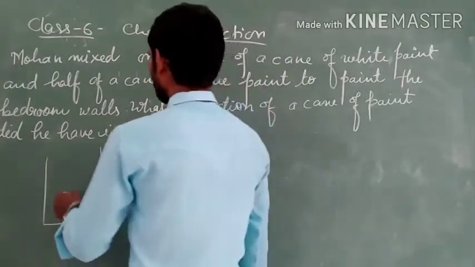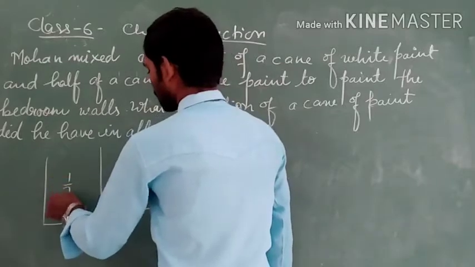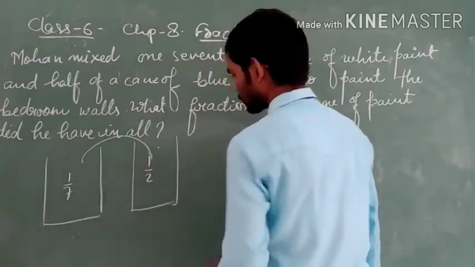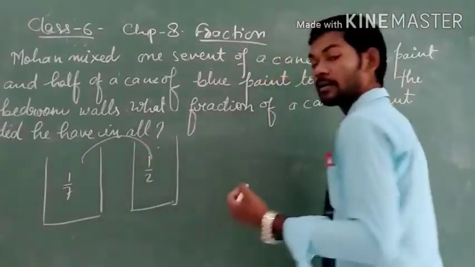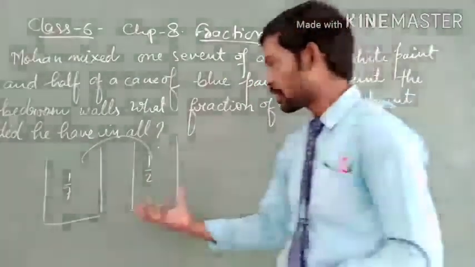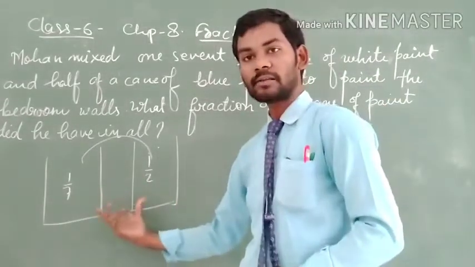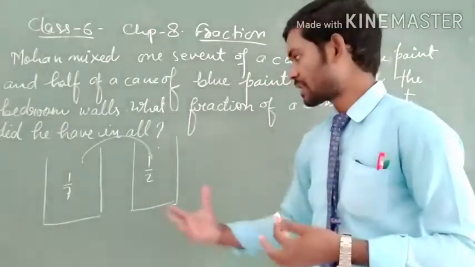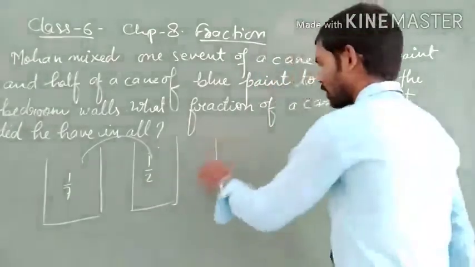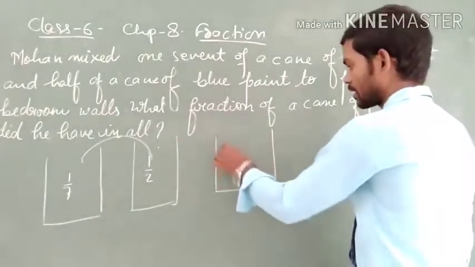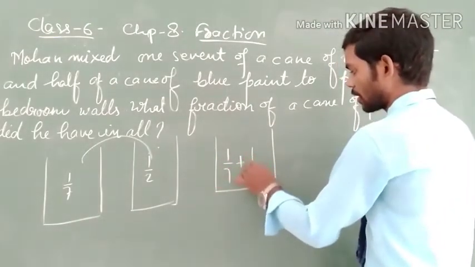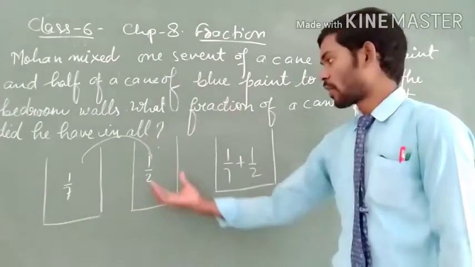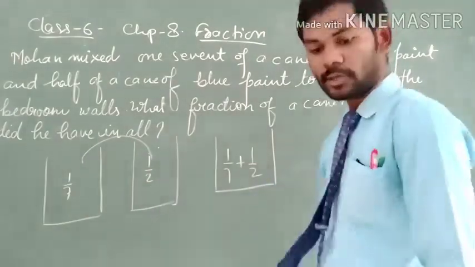The first, he has taken 1/7 and second, half, and mixed them. Mixing here means he is adding both paints to each other, so we take 1/7 plus 1/2. We have to find the addition of these two fractions. So let's start.